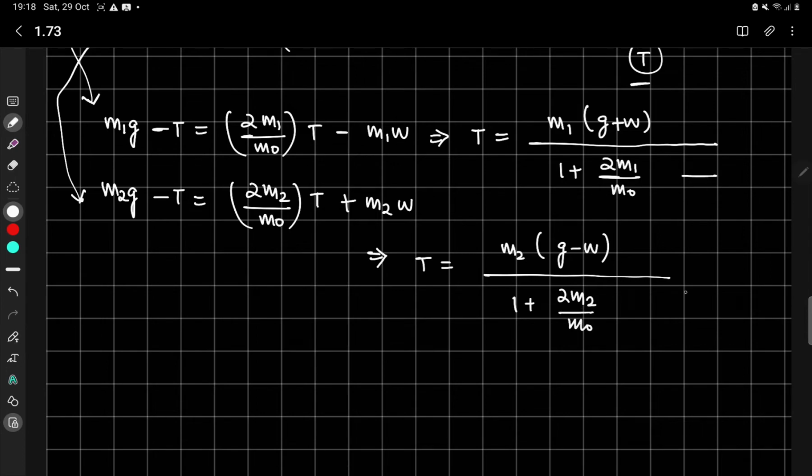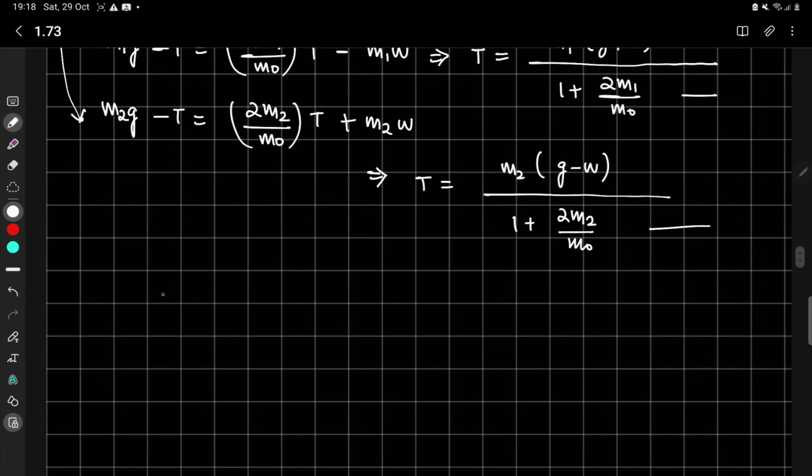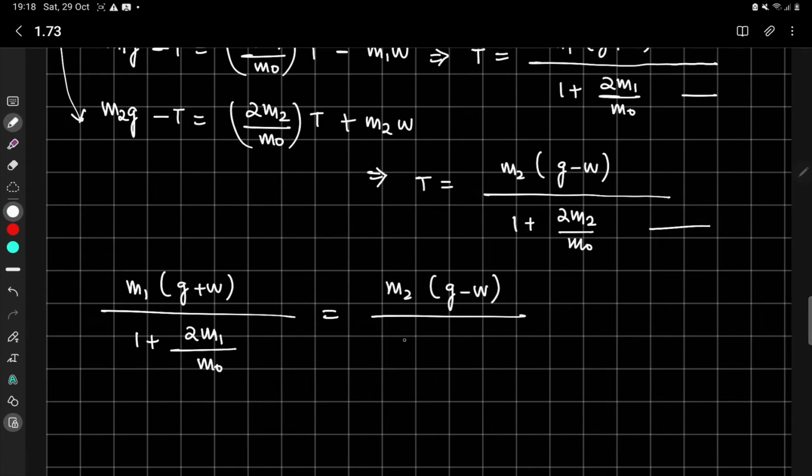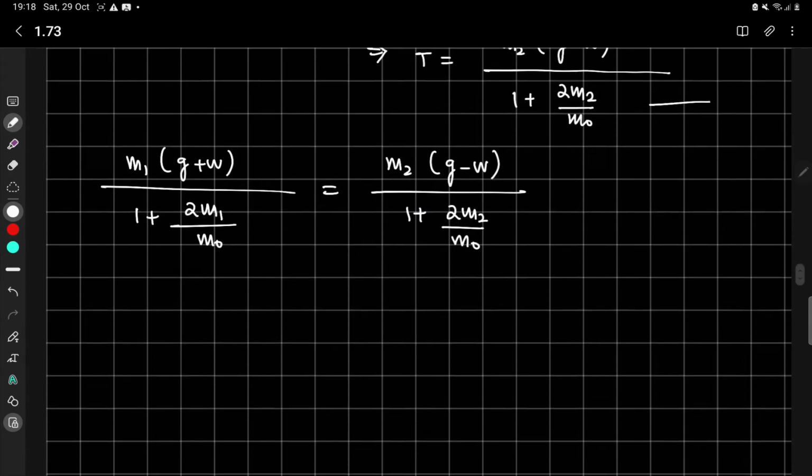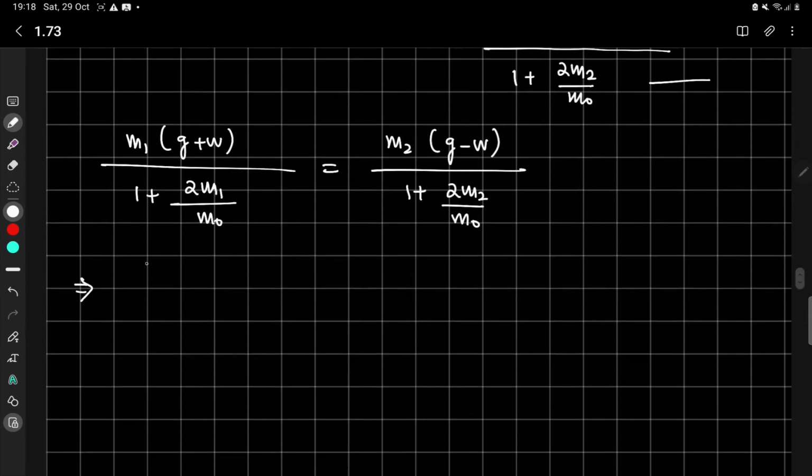Let us equate these two tensions, so we get m1 times (g plus w) divided by 1 plus 2 m1 by m naught is equal to m2 times (g minus w) divided by 1 plus 2 m2 by m naught. Okay, so let us simplify this.